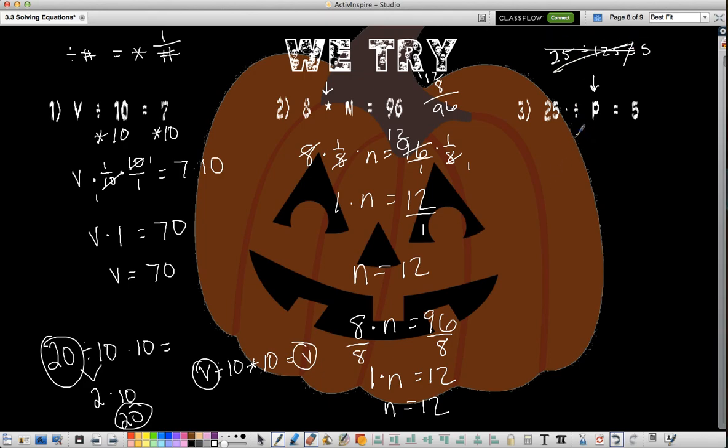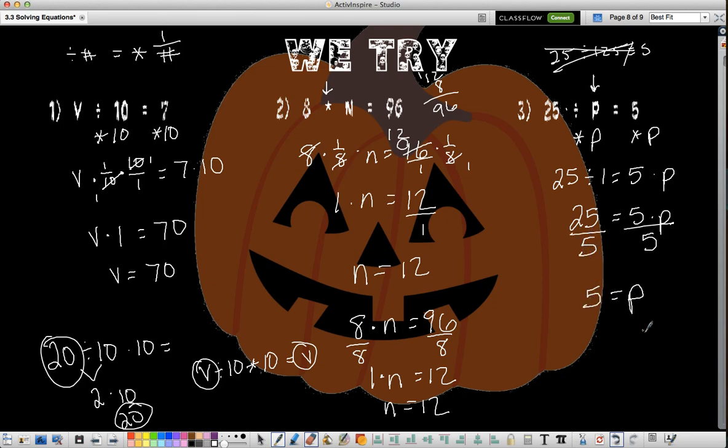So instead, let's multiply both sides by p, and get 25 divided by 1 equals 5 times p. 25 divided by 1 is 25 equals 5 times p. Then I can divide both sides by 5 and get that 5 is equal to p.